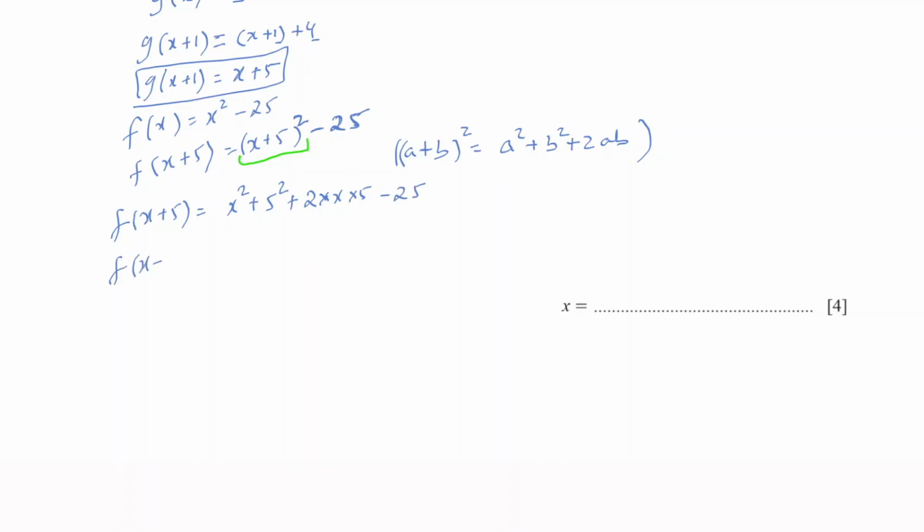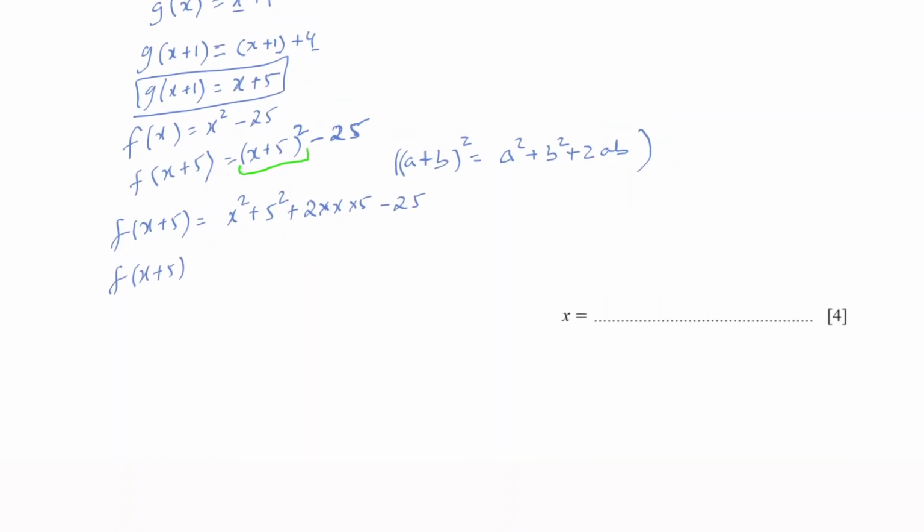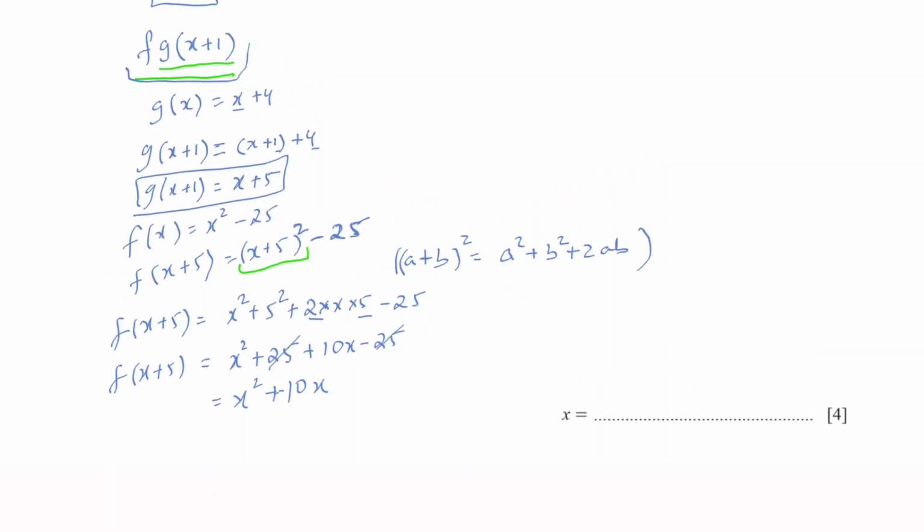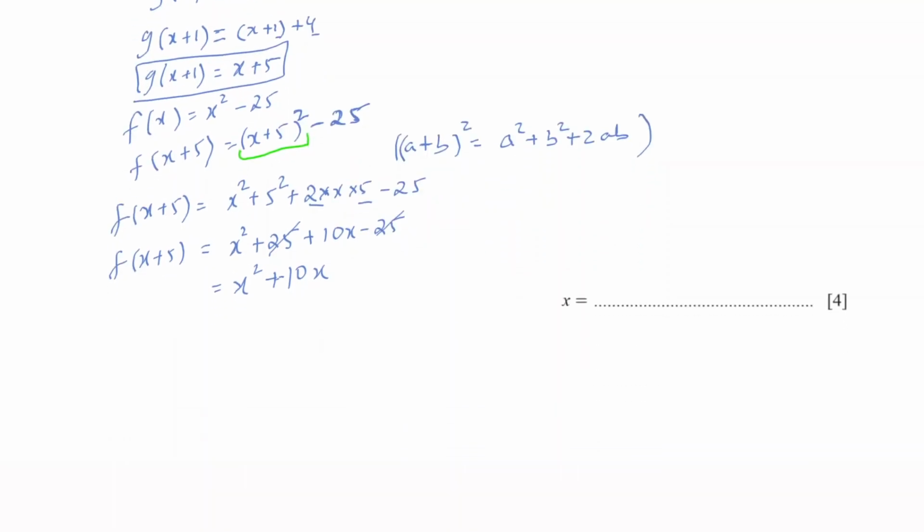So f of x plus 5 will be equal to x square plus 25 plus 10x minus 25. Plus 25 and minus 25 got cancelled out, so we are left with x square plus 10x. Actually this is what we were trying to find, f of g of x plus 1.